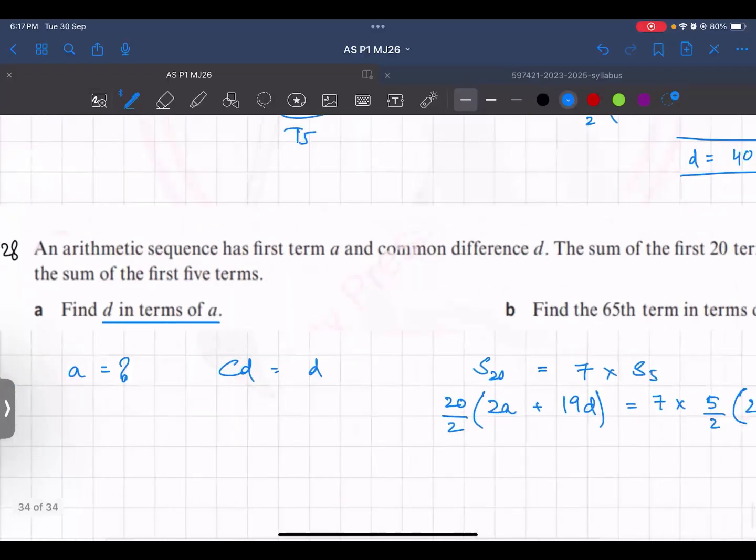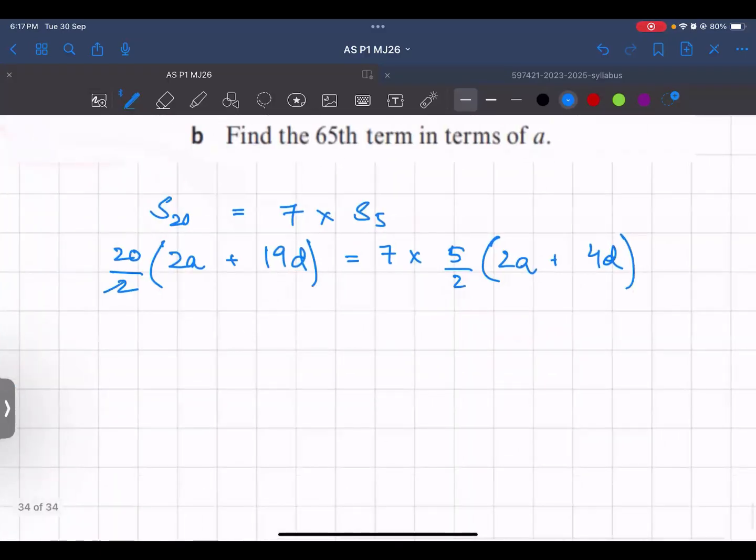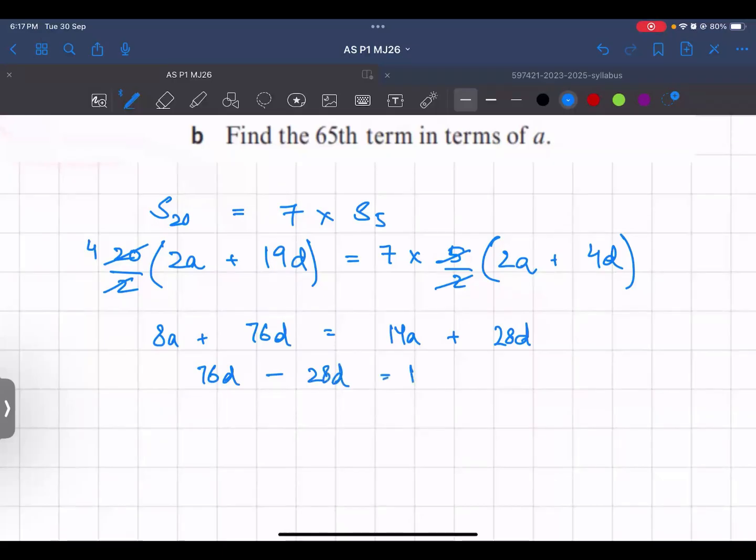You want D in terms of A. So the 2 and 2 would cancel out. Right? This 5 would become 4. So this becomes 8A plus 38, and then this would become 76D is equal to 14A plus 28D. So move everything on one side. 76D minus 28D is equal to 14A minus 8A.